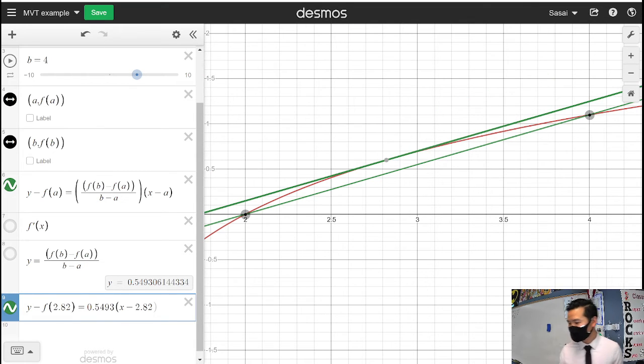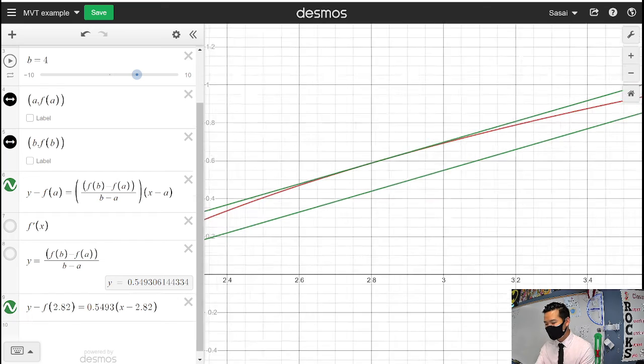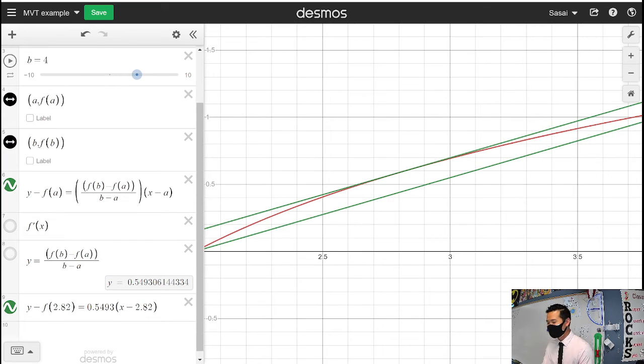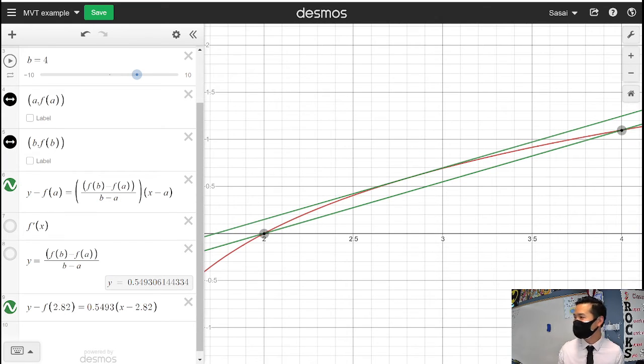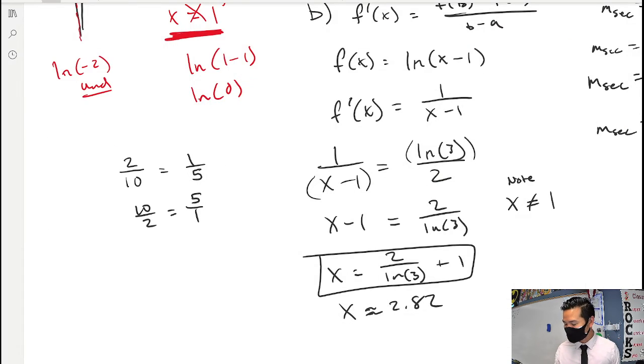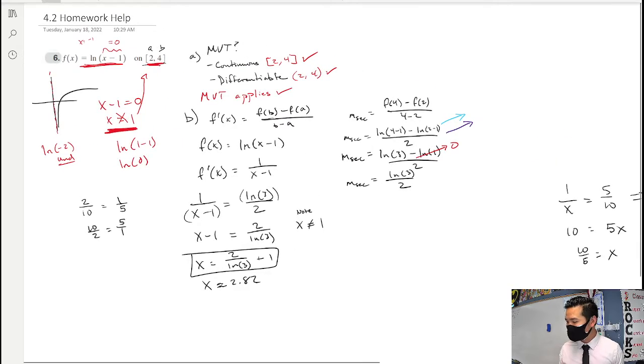How's that look? Look parallel? Enough. Yeah, it's close enough. Good enough to pass. Right? So, how's that feel? It feels good in here.